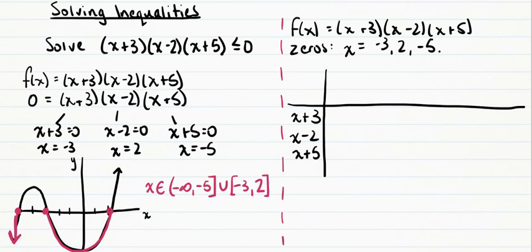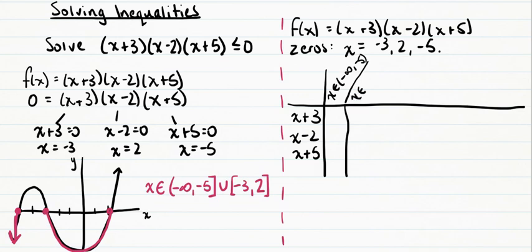So if I think about going back to this graph here, the first either positive or negative interval, depending on the end behavior, would be from -infinity to the first 0, which is -5. So I'm going to write that in here. So x is an element from -infinity to -5. Okay. The next interval we're going to use is from -5 to the next 0 from left to right, which would be -3.